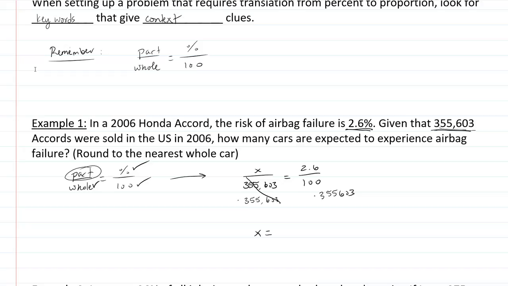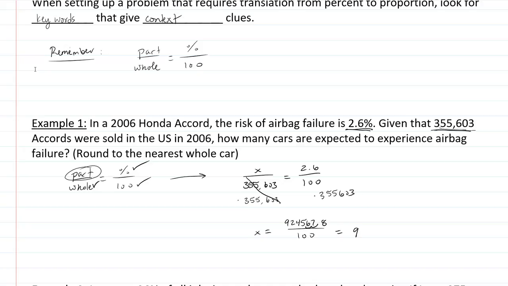So, after we do some math, we end up getting that this equals 924,567.8, and this is all over 100. And when we divide by 100, all we have to do is move the decimal place over by 2.